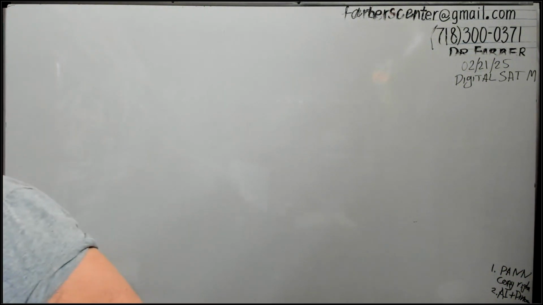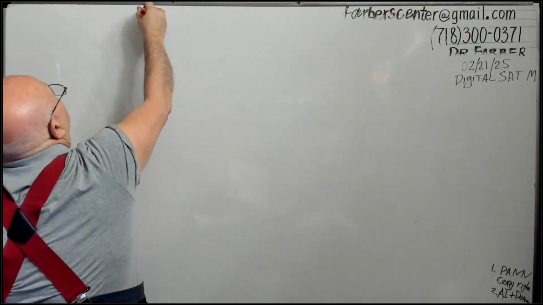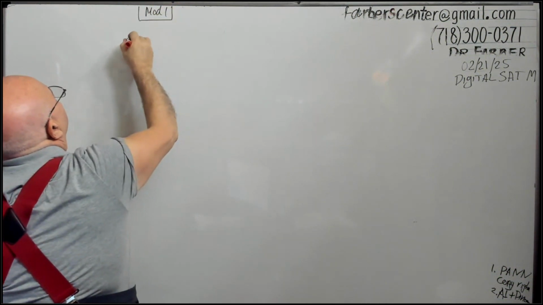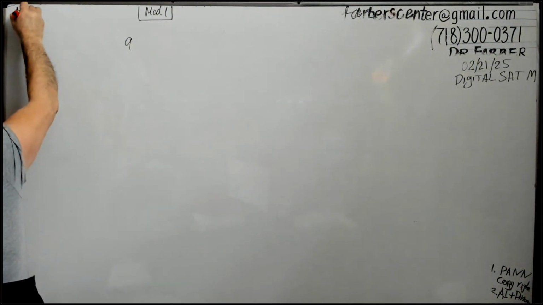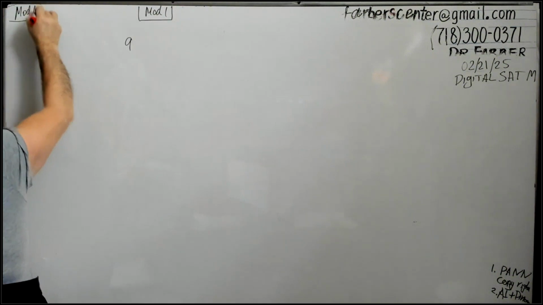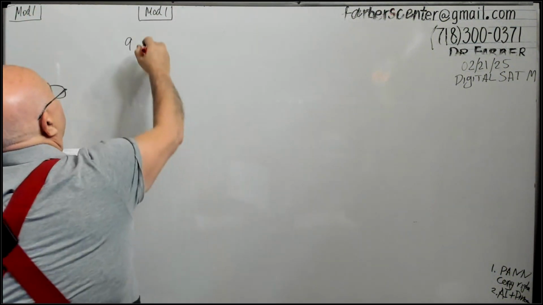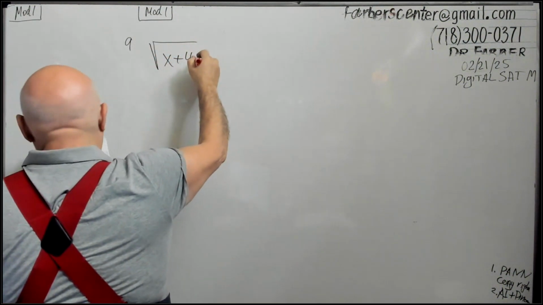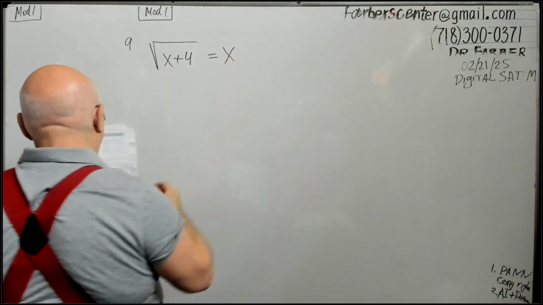Number 9, few students. This is module 1. So I put here module 1, better to erase. Number 9. You have the equation square root of x plus 4 equals x.